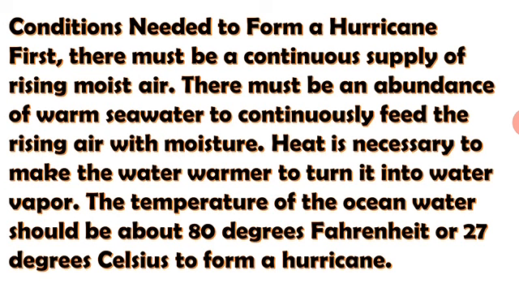Heat is necessary to make the water warmer to turn it into water vapor. The temperature of the ocean water should be about 80 degrees Fahrenheit or 27 degrees Celsius to form a hurricane. So those are the conditions needed in order to form a hurricane.